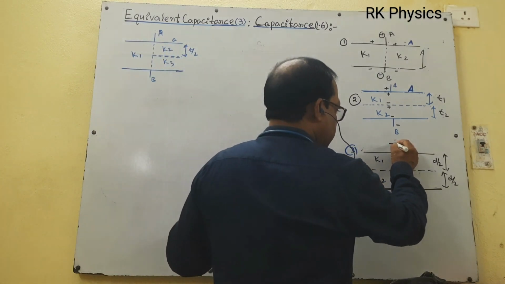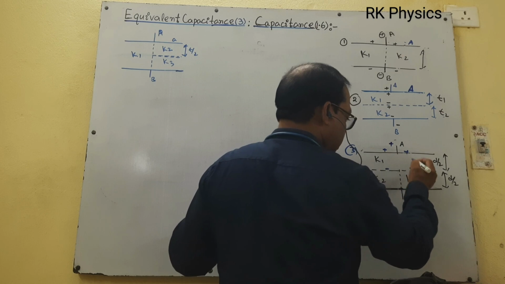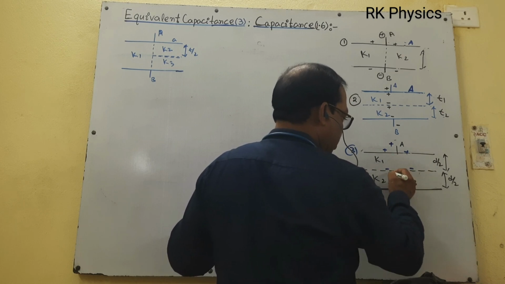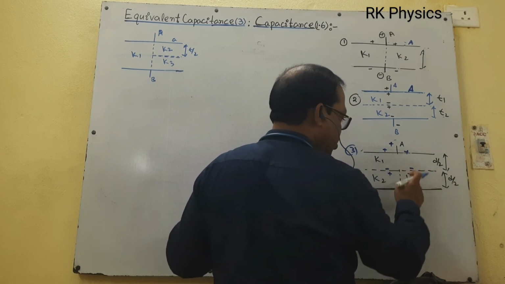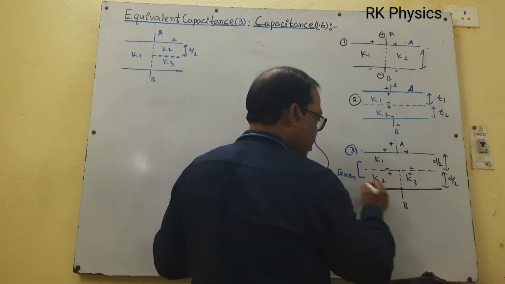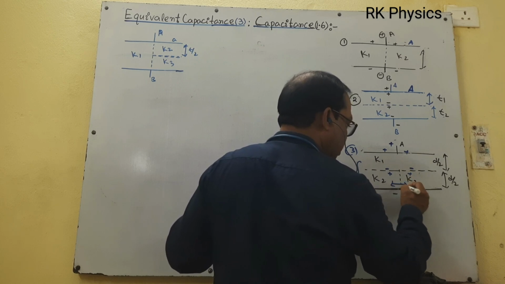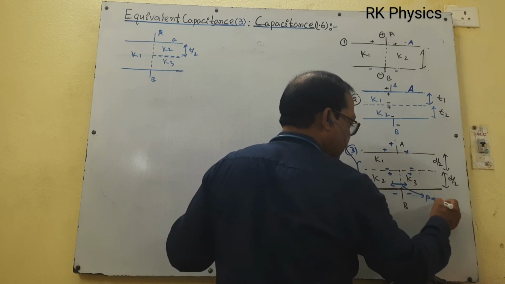Now if this side is plus, this side is minus, then this is plus. Therefore these two groupings are in series. But this plus and this minus, these two groups are in parallel.